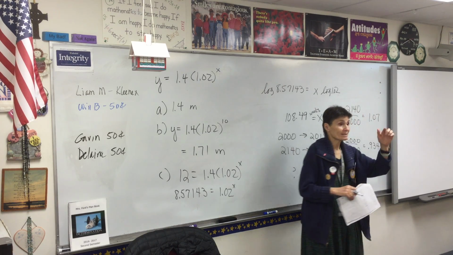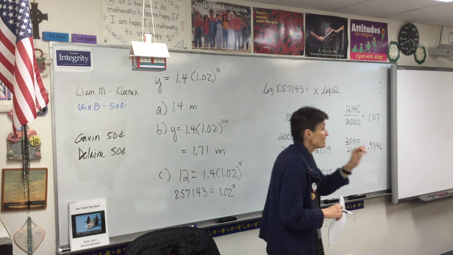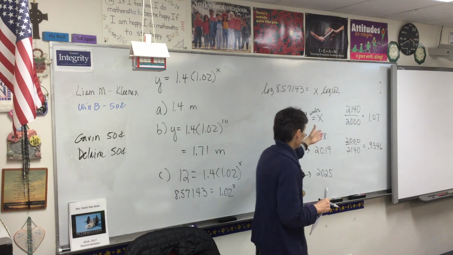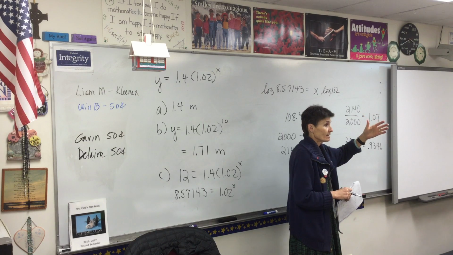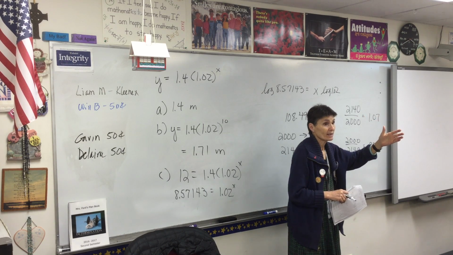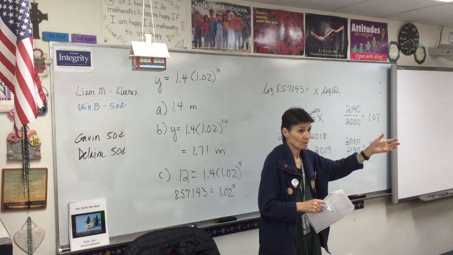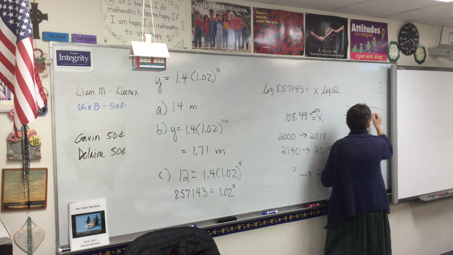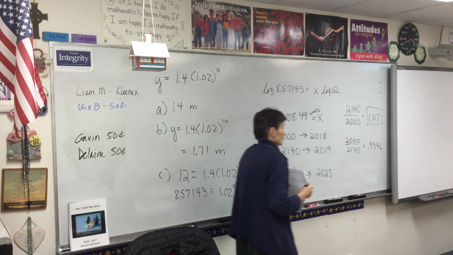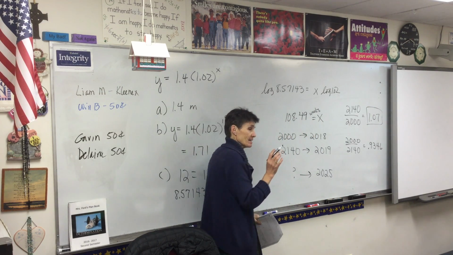So you were exactly right. You knew you needed to divide. You can't go wrong. If your population's growing, it's got to be a number bigger than 1 when you divide. So we know we're going to use 1.07. But that's not the answer to the question.